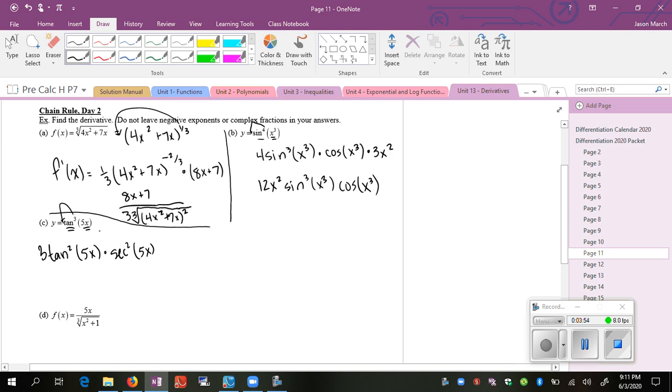Third link of the chain is the derivative of what's inside the parentheses, which is just 5. And so again, if I wanted to, I can multiply the 3 and the 5 together, call it 15 tangent squared 5x secant squared 5x.